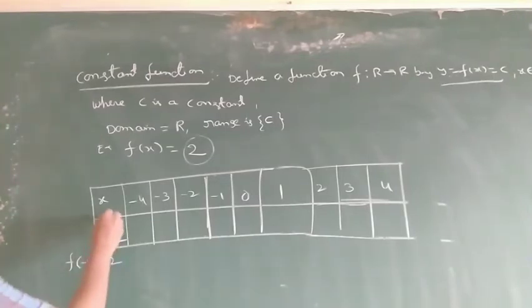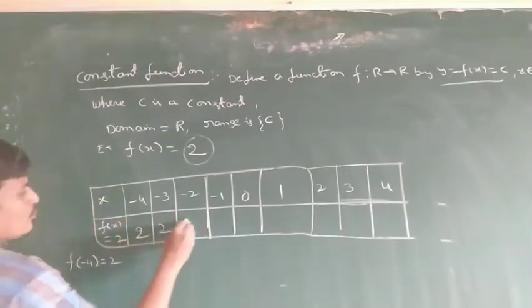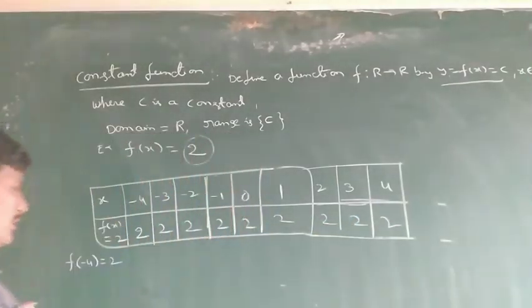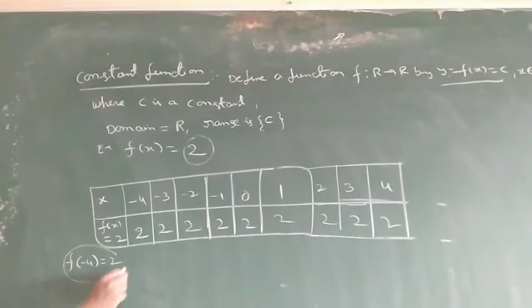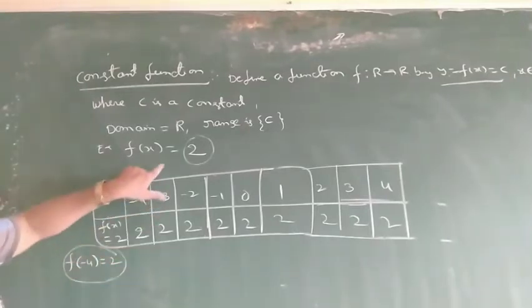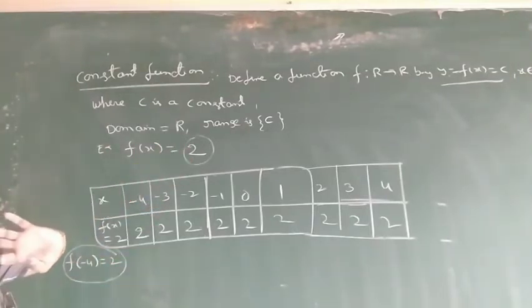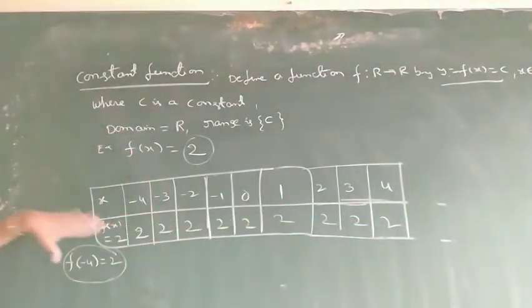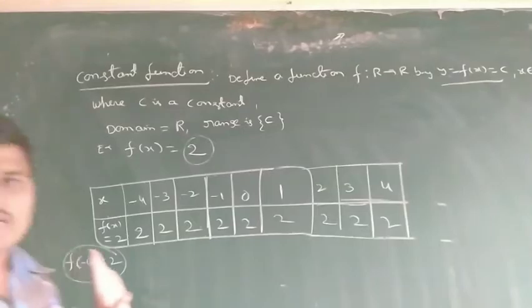It is 2 for every value, because there is no other value. For example, if f of x is equal to 3, all values of f of x are 3.